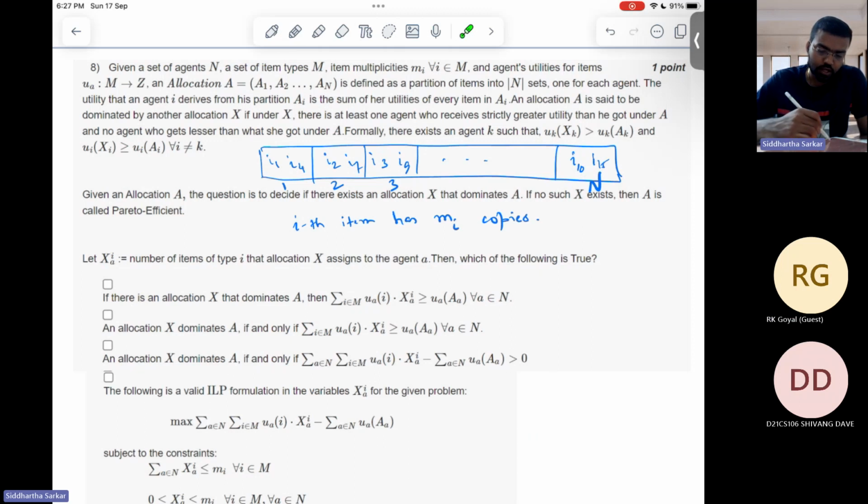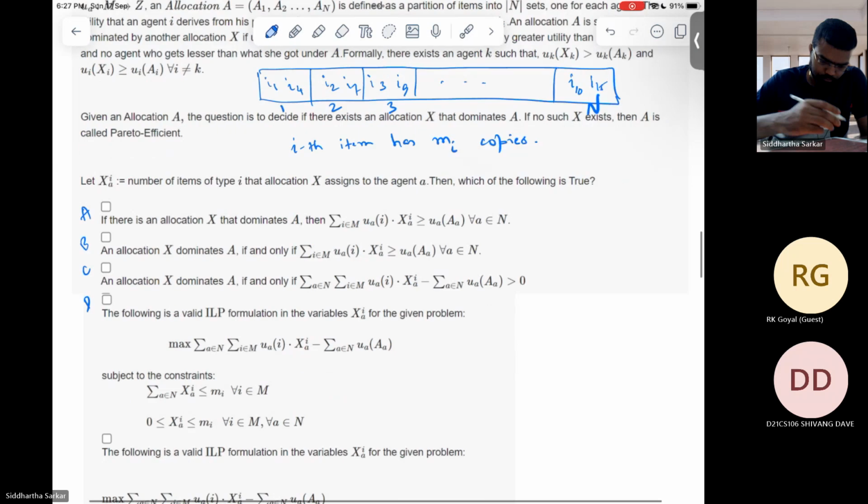There is a question on ILP formulation also. But before that, let's number them A, B, C, D. There is an E also.